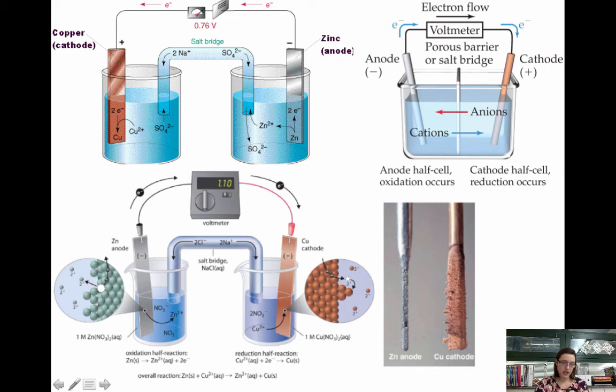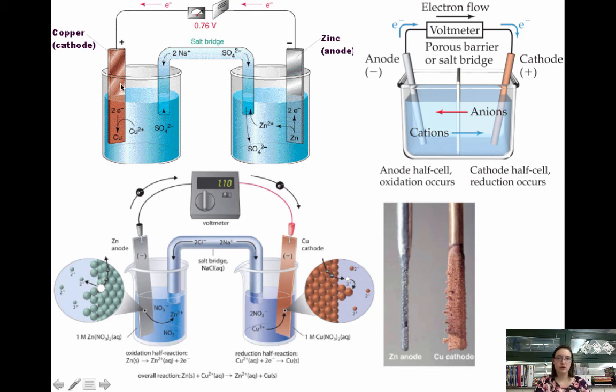And what we'll do is we'll look at some animations in class as we look at the inner workings of a voltaic cell. So just to summarize, electrons always flow from the anode to the cathode. Notice that they're on different sides here. We have the anode on the left, cathode on the right down here, but at the top, anode is actually on the right.